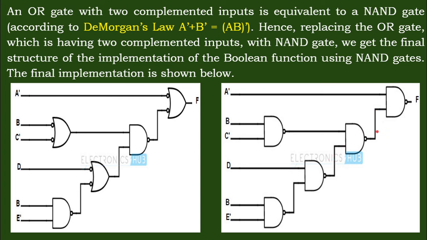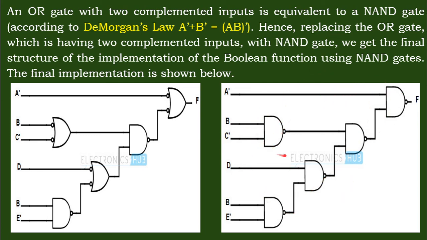So this is how to follow the steps and convert all the gates according to the laws. We have to convert the gates individually, whether it is an OR gate or a bubbled AND gate, and then finally we get the NAND gate. So this is the implementation of the function given previously. You can see that everywhere there are NAND gates.